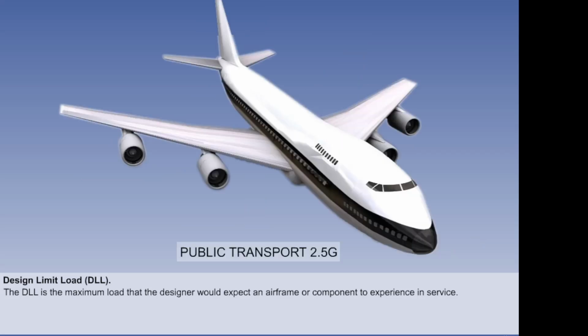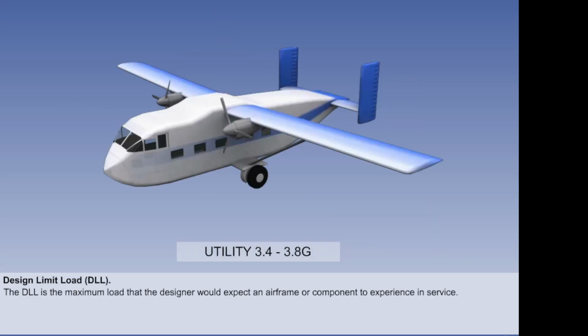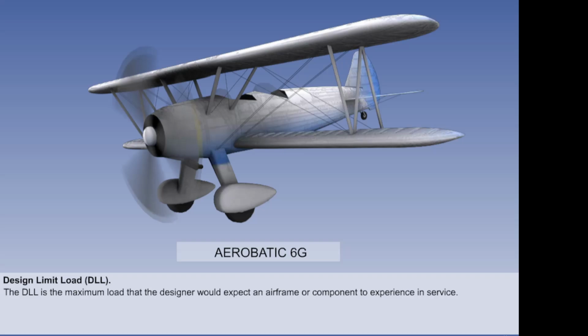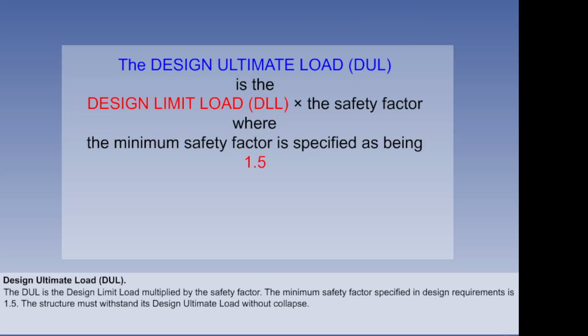The design limit load is 2.5g for public transport aeroplanes, 3.4 to 3.8g for utility aircraft, and 6g for aerobatic aircraft. The design ultimate load is the design limit load multiplied by a safety factor.